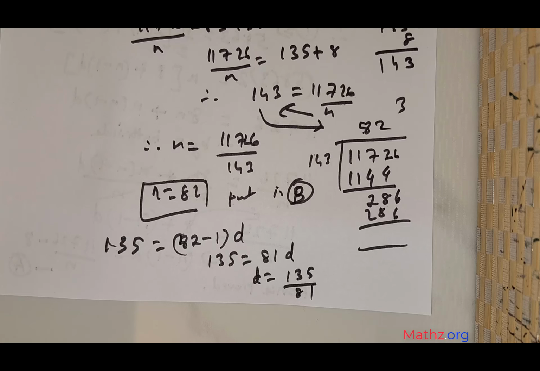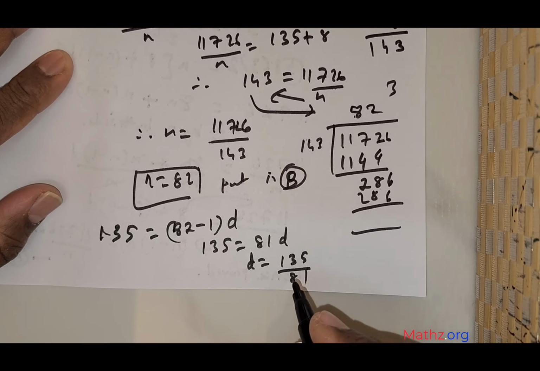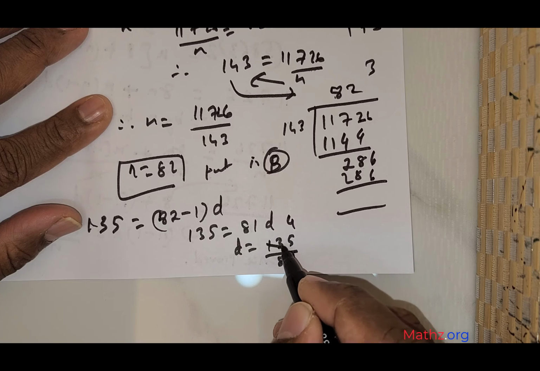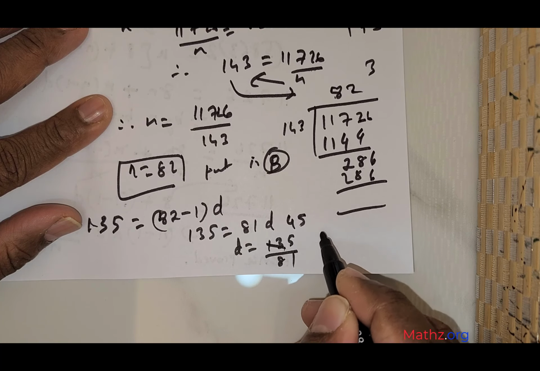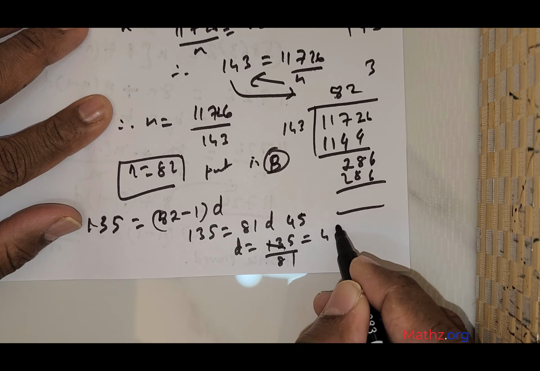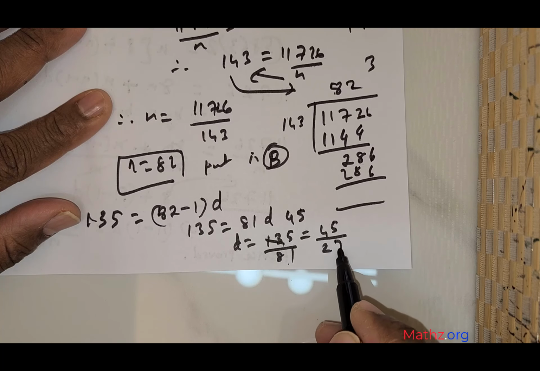Now you need to reduce this. You can reduce this using 3, because 3 can divide 135 to give 45, and 3 can divide 81 to give 27.